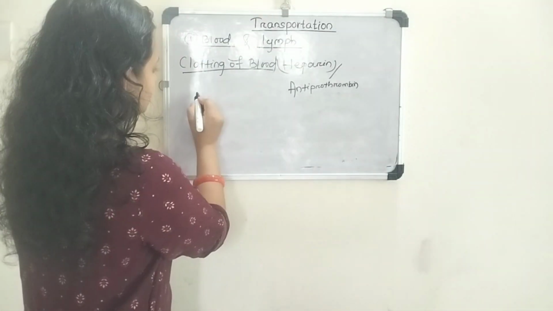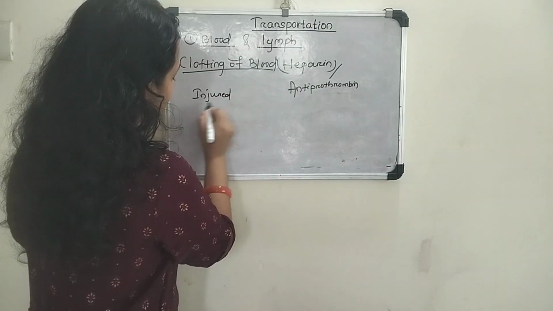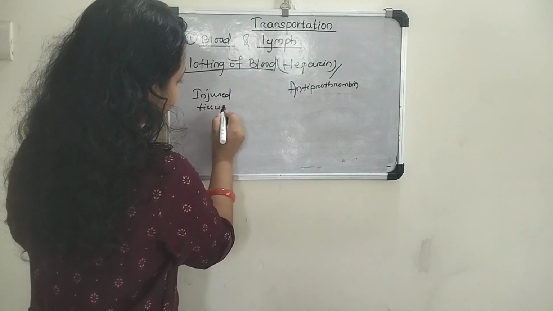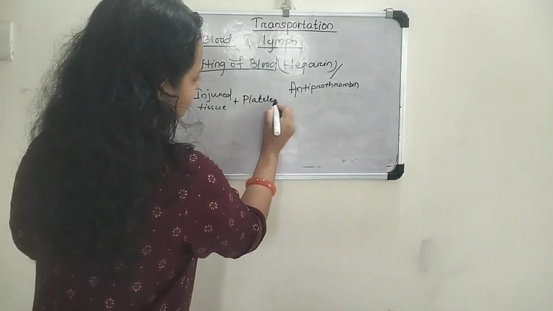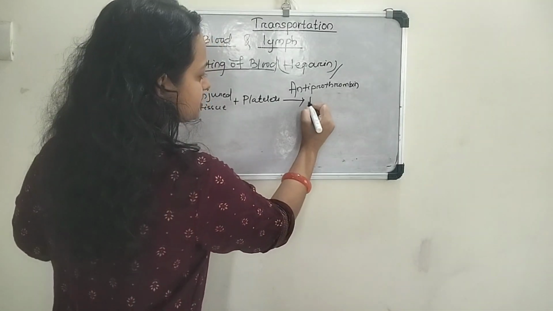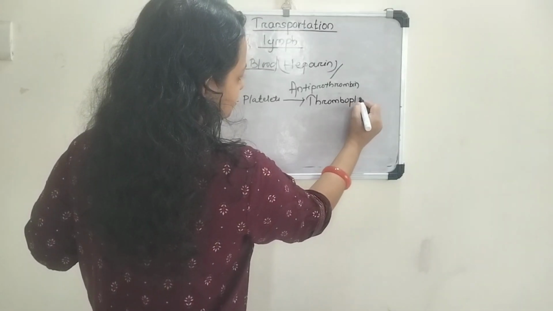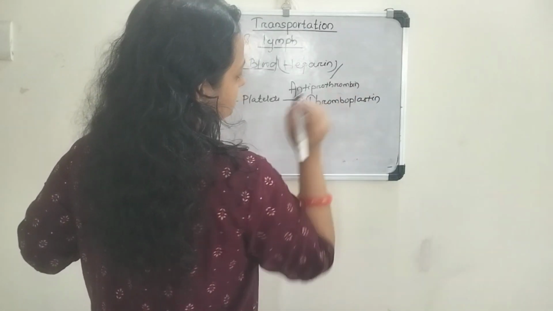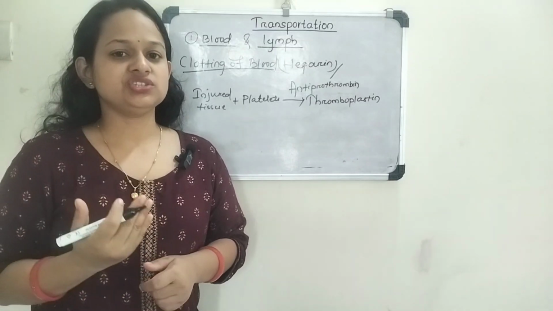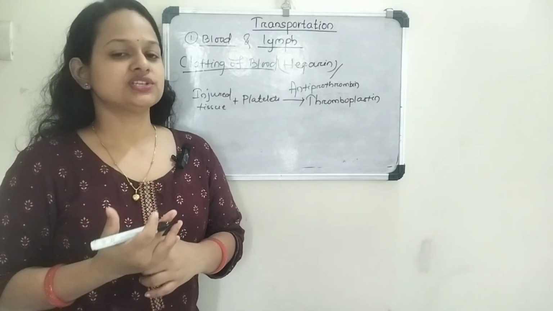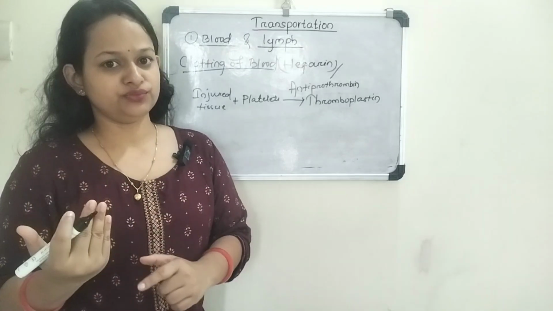During this time, the platelets come and release a type of chemical, thromboplastin. So the injured tissues, when they come in contact with platelets, release thromboplastin. And this thromboplastin, in the presence of calcium salts, converts the prothrombin into thrombin.